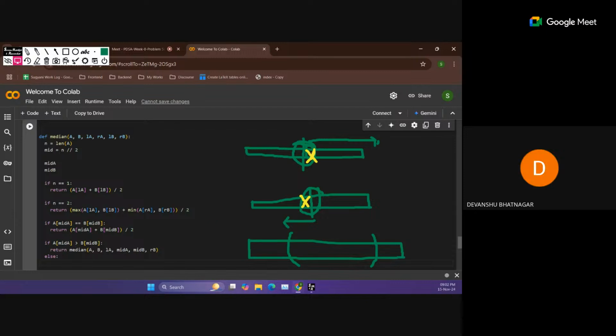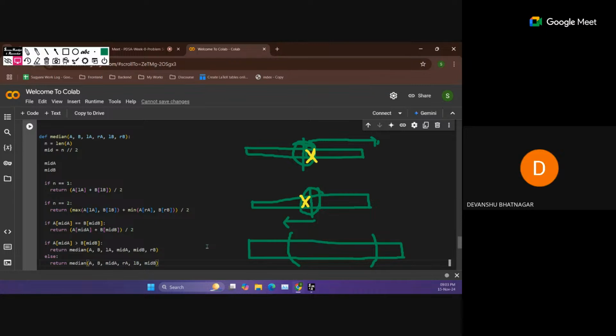So we'll make left of A as mid of A. Exactly, left of A will be mid of A, and the right will be the same. The left of B will be the same, which will be left of B, and right of B will be mid of B.